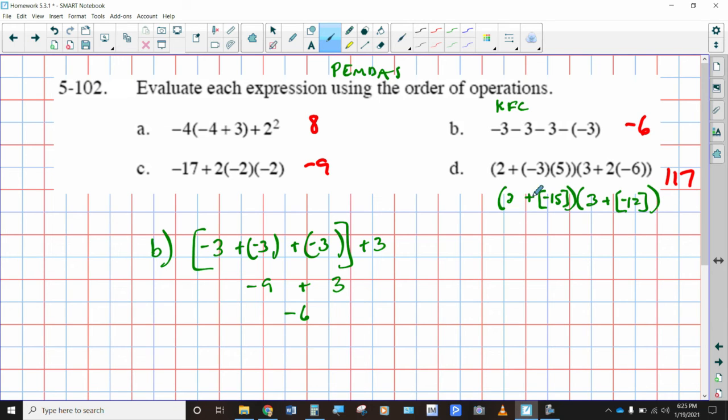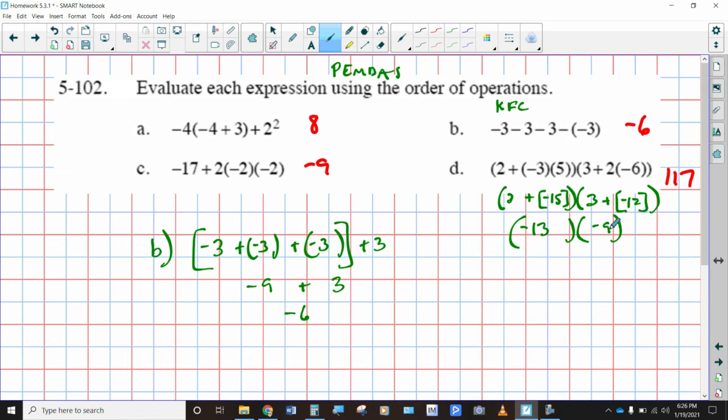So now 2 plus -15 is -13, right? Because you're adding a positive to a negative, which means you're going to subtract the numbers and keep the sign of the bigger number. This one is 3 plus -12, which is -9. And remember, when you've got parentheses next to each other, that means you're multiplying those two numbers together.